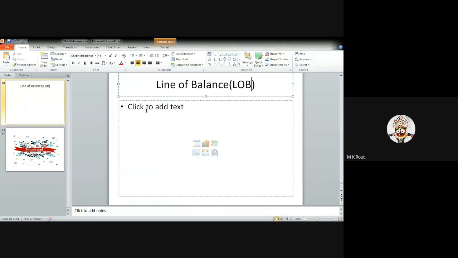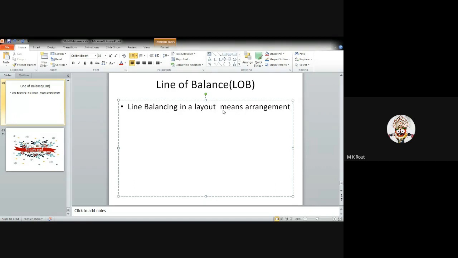Line balancing in a layout means the arrangement of machine capacity to secure relatively uniform capacity operation.